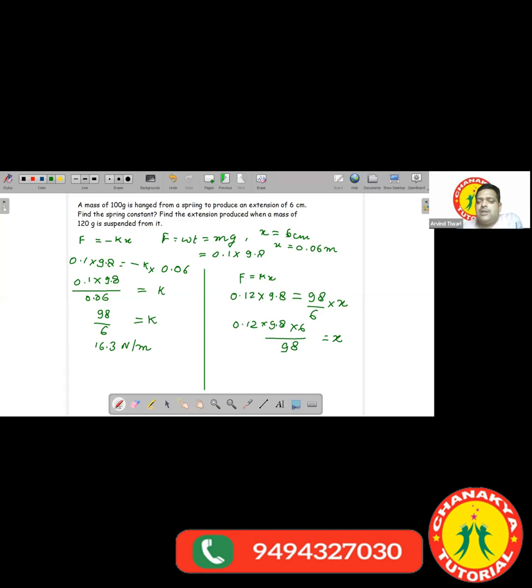So remove this point, get a 10 at the denominator. 98 cancels, and you have 0.72 meter.